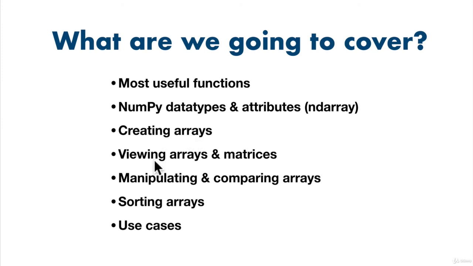We'll have a look at how to view arrays and matrices. Now, a matrix, or matrices, you can imagine as a combination of different arrays. We'll then look at how to manipulate and compare arrays. We'll then finish up with sorting arrays, which is sorting out different lists of numbers. And then some practical use cases of where arrays get used or where NumPy can be used to turn data into lists of numbers.